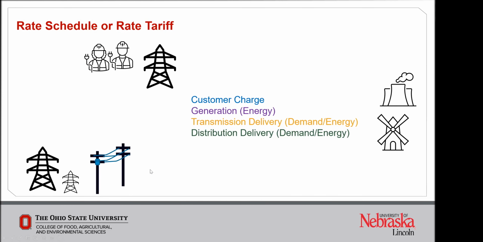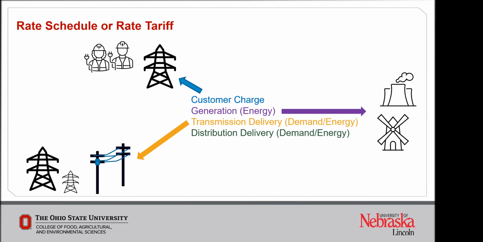So another way to look at it is that customer charge is for overhead and infrastructure, paying for the people that are running the utility, maybe paying for a little bit of the infrastructure. The generation is going to go to pay for the energy itself. Sometimes they add a little bit of cost in there for the infrastructure of the distribution and transmission, but the energy itself you can think of as what I'm paying.